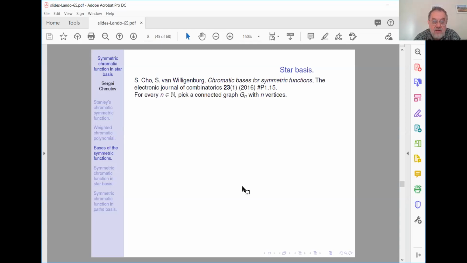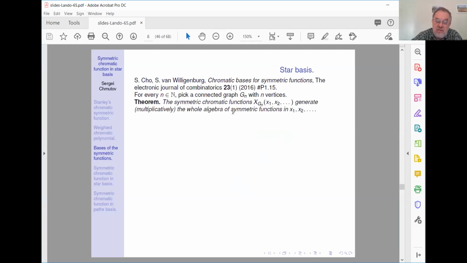And the theorem is that for every natural number n, if we fix a connected graph with n vertices, then the family of symmetric chromatic polynomials forms a basis for the algebra of symmetric functions. So it is an algebraic basis.